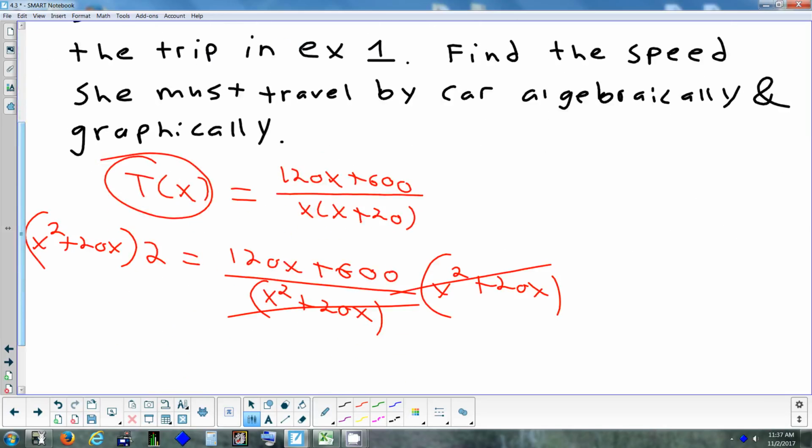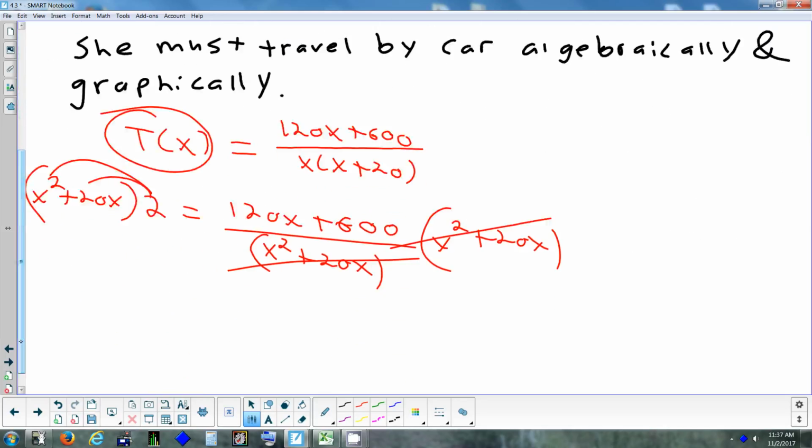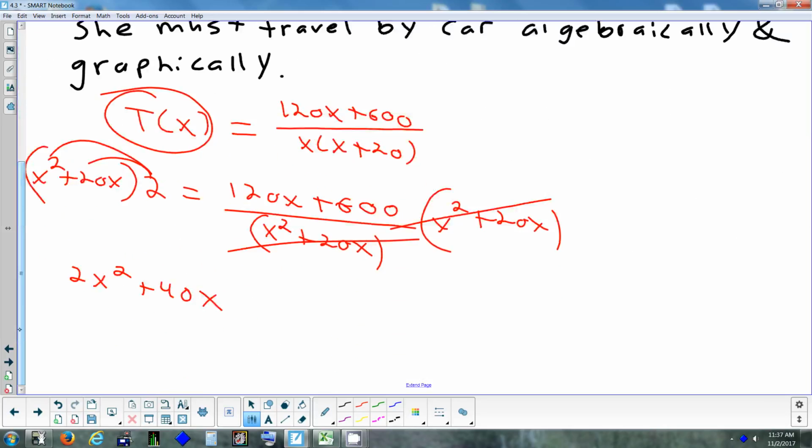X squared plus 20x. And keep it in parentheses because you want to remember that. So now we have 2x squared plus 40x plus 0 equals 120x plus 600. Now from here, what kind of equation is that?